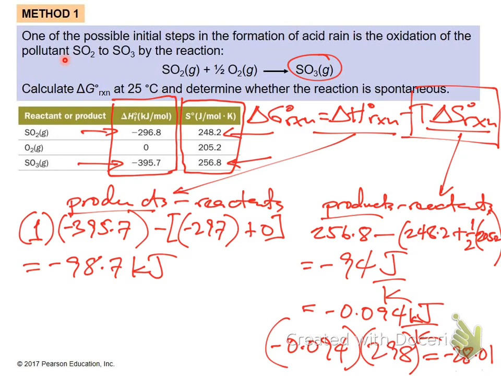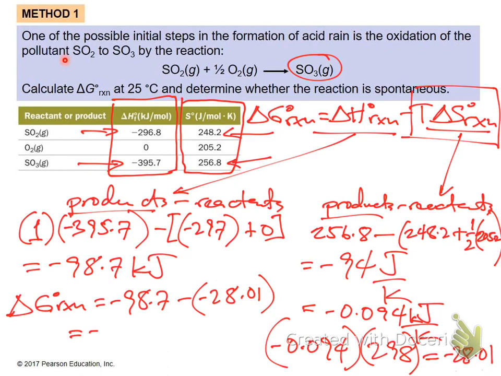So now we have the values of delta H of reaction and the temperature multiplied by delta S of reaction, so now we can find delta G of reaction. That's negative 98.7 minus negative 28.01, and that gives us negative 70.7. So is this reaction spontaneous or non-spontaneous? Spontaneous, because it's a negative value.